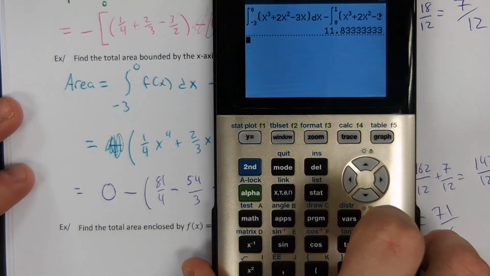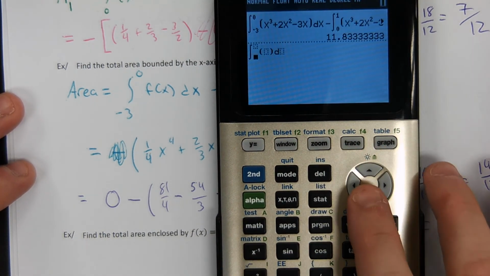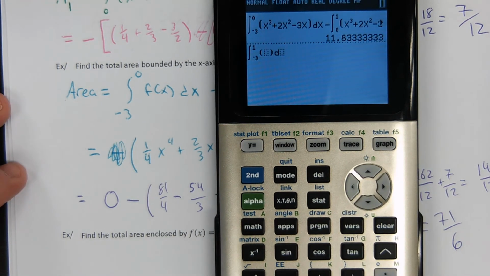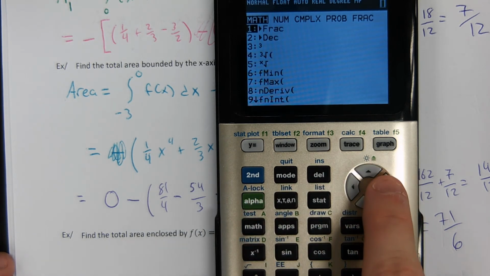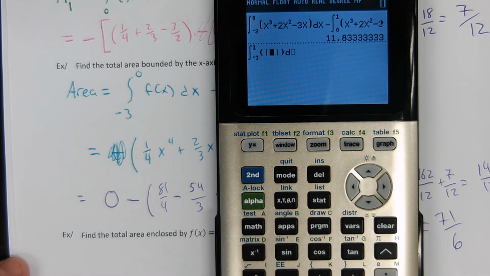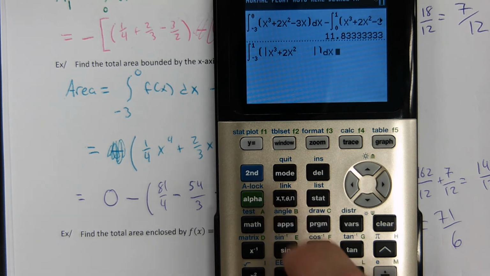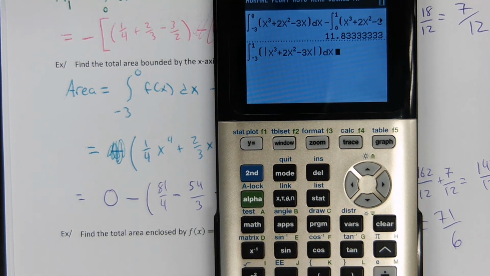So an even more efficient way would be math 9 from -3 to +1, and in these parentheses, you do math, number, ABS, absolute value, x raised to the third plus 2x squared minus 3x, still dx, and it should give us the exact same answer because it took the negative areas and reflected them above the x-axis. So much more efficient way of checking our answers.